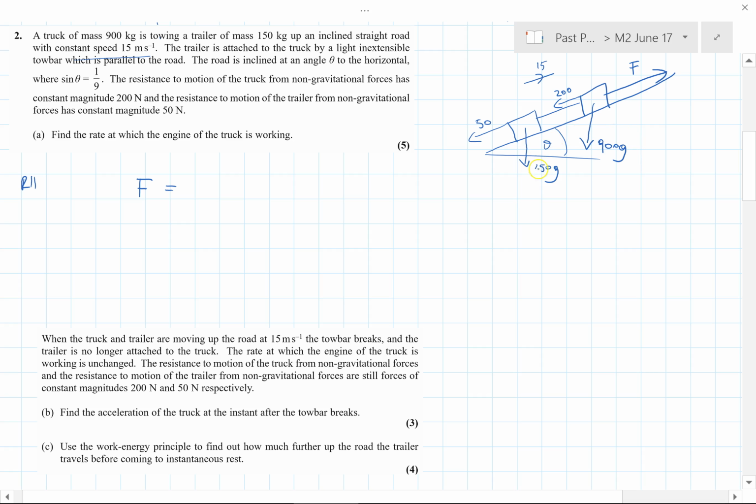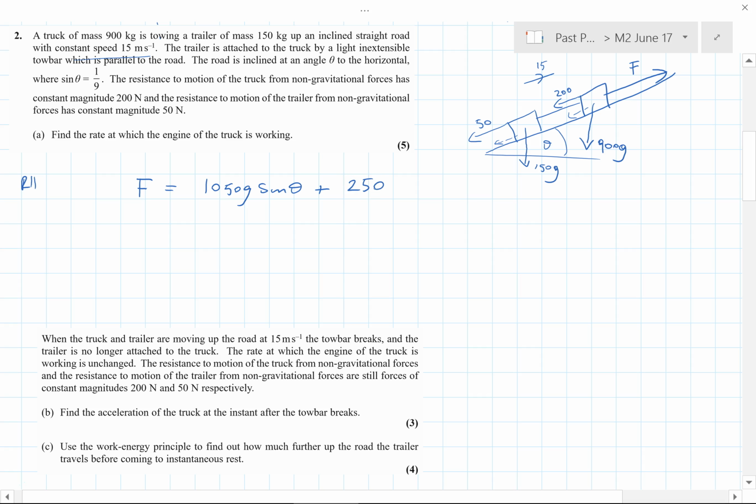Now I'm going to add these two weights together just to give us fewer terms. So that's 1050g, but don't forget the component of that down the plane, so that needs to be sine theta on those. And then we've got plus the two resistances, which together are 250.